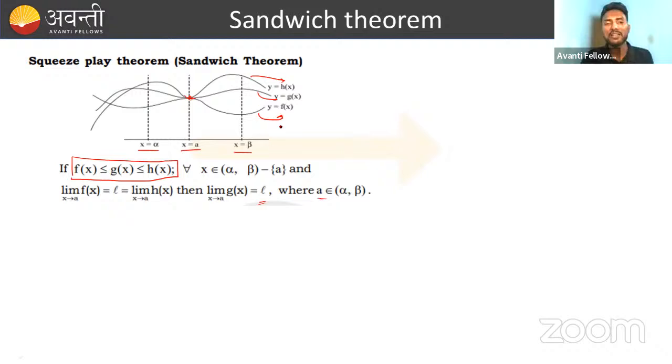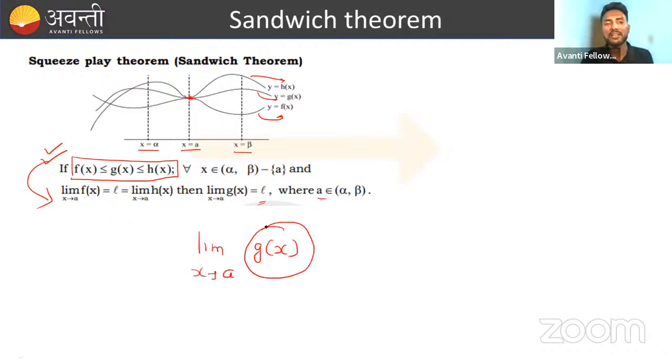Now you may ask why we are using this, why is it so complicated. Actually, whenever they give you some questions, you can't use a standard formula. They will give you, say, to find the limit as x tends to a of g(x), and you don't know what to do with this g(x).